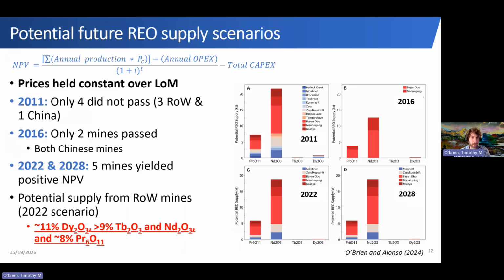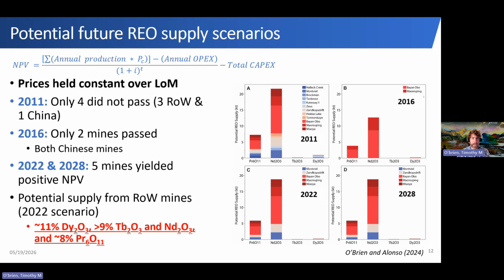And to assess which projects could advance towards the production stage, what we did is put the costs within the net present value equation seen on the top here. And for this, we used 4 different price ranges, and those prices were held constant over the life of the mine.